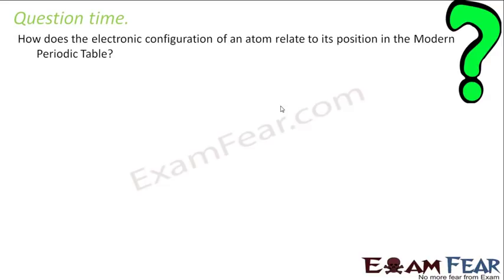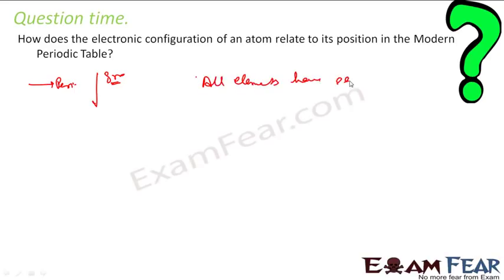How does the electronic configuration of an atom relate to its position in the modern periodic table? We have seen that we have periods and we have groups. First thing: in a group, all elements have the same valence electrons.